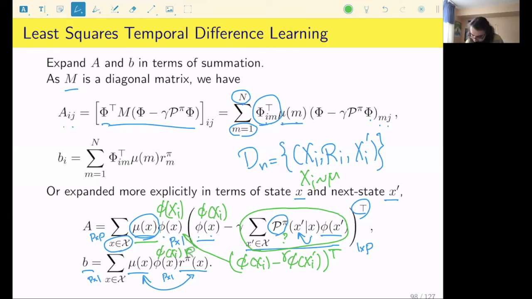So that becomes r_i here, because r_i is essentially a sample from the distribution of reward at x_i. So if I have a single sample from it, that would be an unbiased estimate of it.